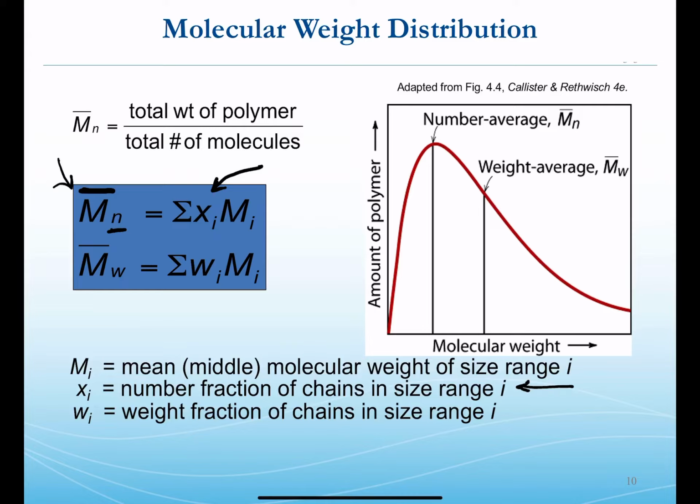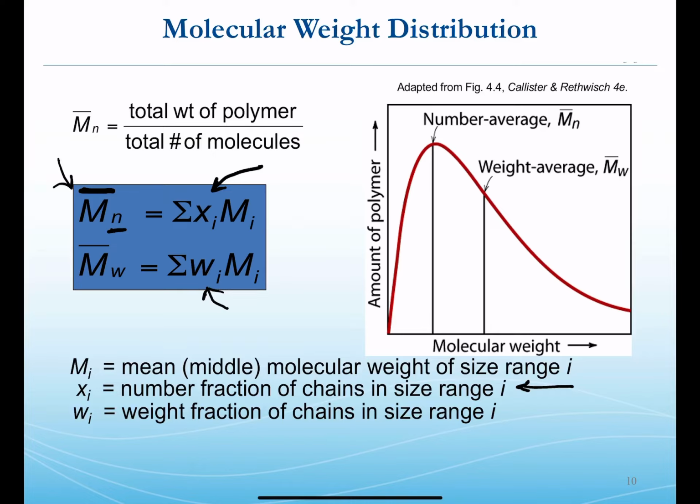That might be a fractional amount between 0 and 1. The sum of all x_i values might total 1. And then that's going to be multiplying the mass of that molecular weight size range of interest, so that i value again.